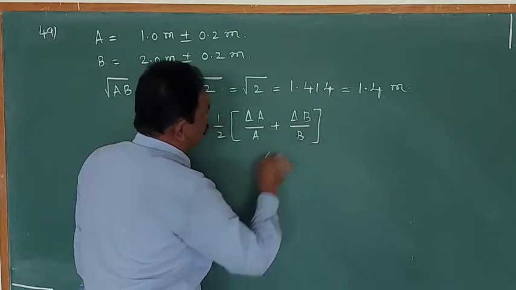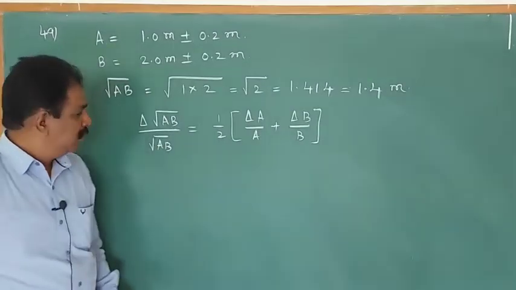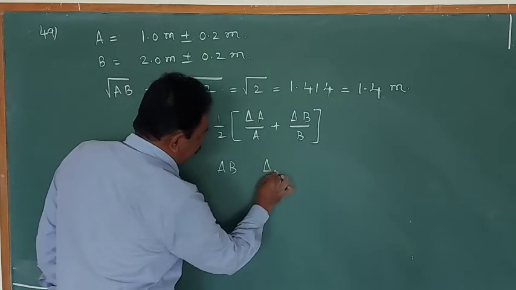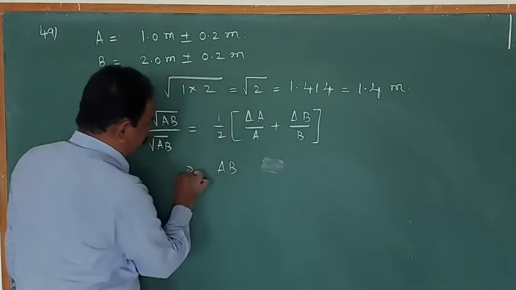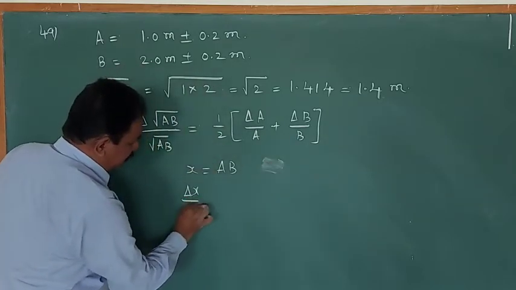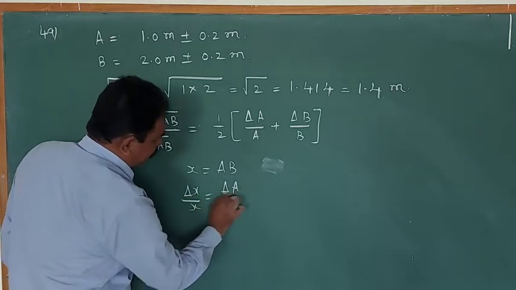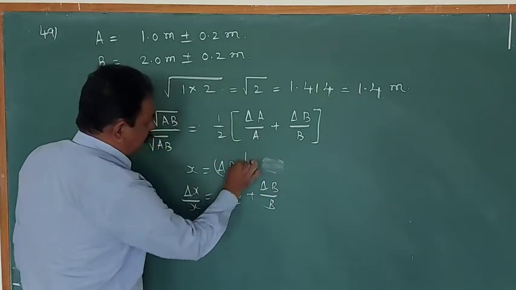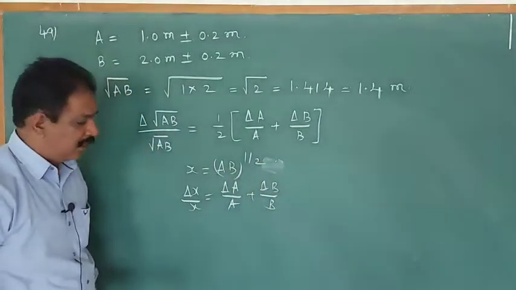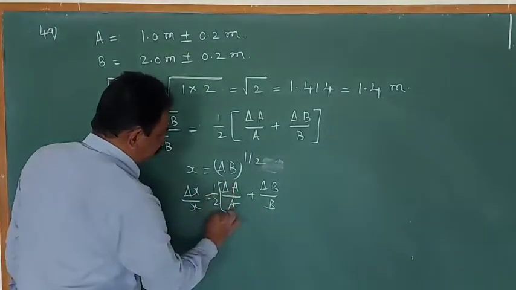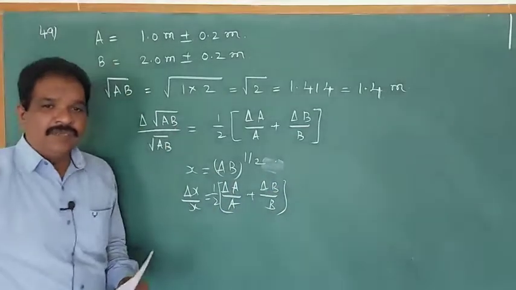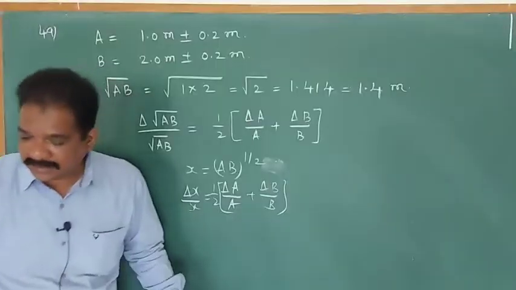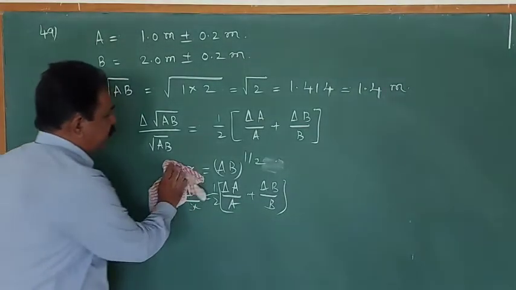For example, if X is equal to AB, then delta X by X is equal to delta A by A plus delta B by B. Here 1 by 2 is there, that's why 1 by 2 will come in front. Simple only, no need to get confused.